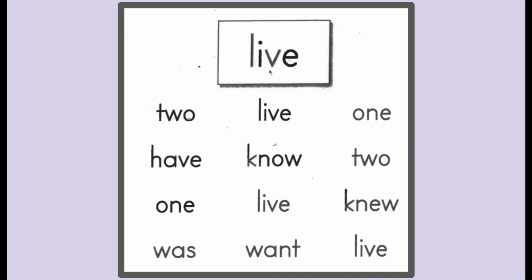So now let's spell and read these words. Ready? Live or live, LIVE, live or live. Two, TWO, two. Live or live, LIVE, live or live. One, ONE, one. Have, HAVE, have. No, KNOW, no. Two, TWO, two.